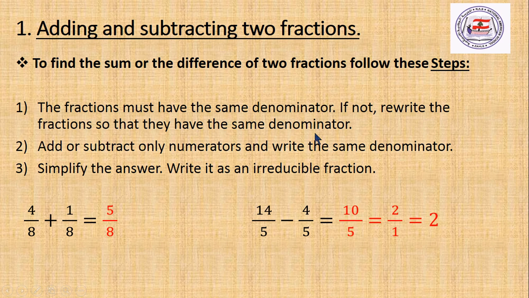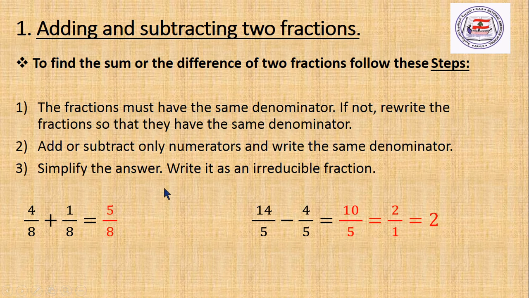Of course, by finding LCM, changing the denominator, and then remember to change the numerators. Then, add or subtract only the numerators and write the same denominator. We will see how. Simplify the answer, write it as an irreducible fraction.